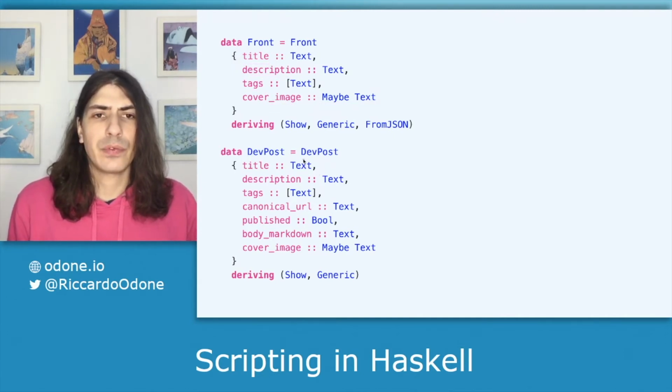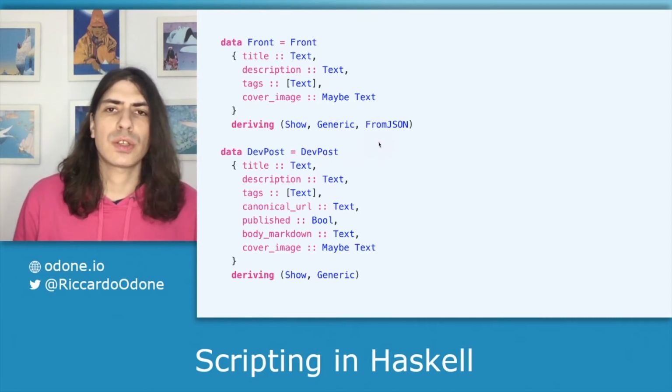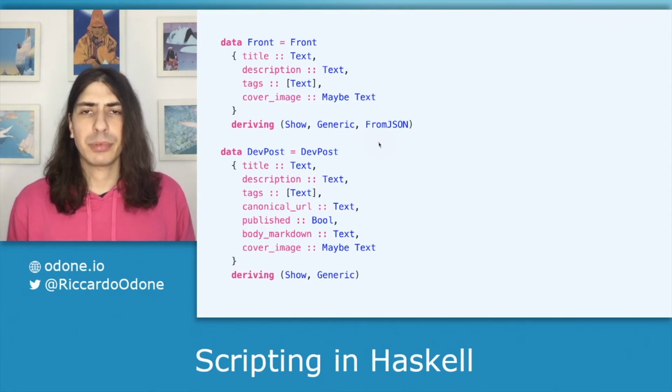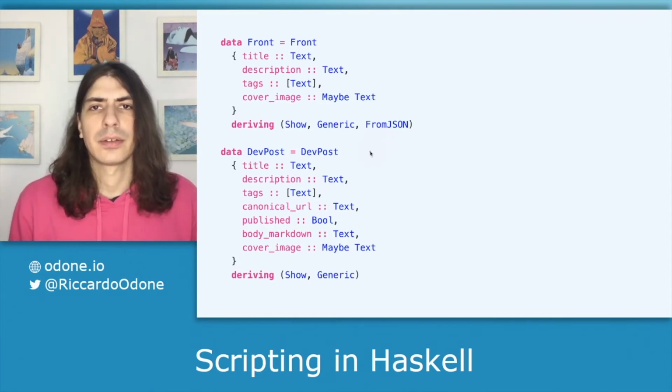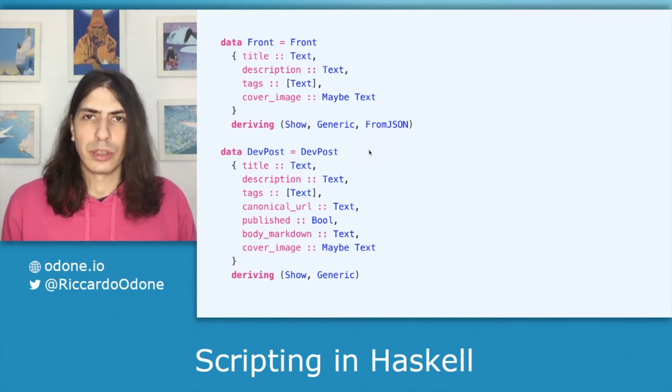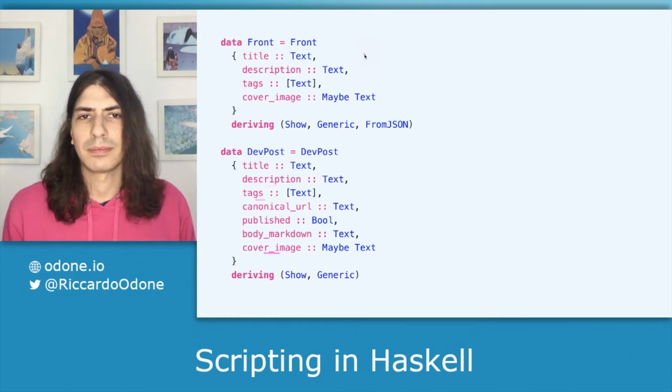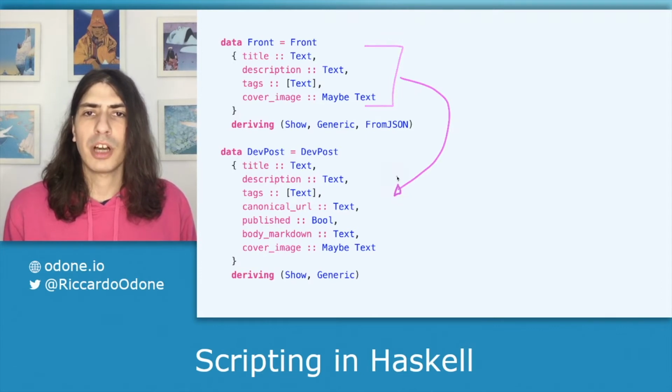Then we have DevPost, which is what we're going to be sending to the dev.to API endpoint so that we can cross-post the blog post. And here we're going to be sending title, description, tags and cover image that we can imagine are coming out of the blog post.